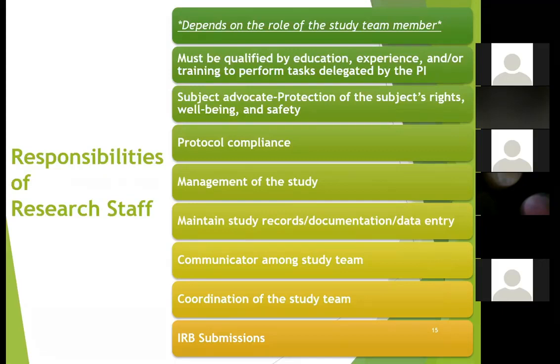And someone will also probably take the role of regulatory to help us get everything approved through the IRB and to do all of our reports to the sponsor or the PI or whoever is needed to be reported to.